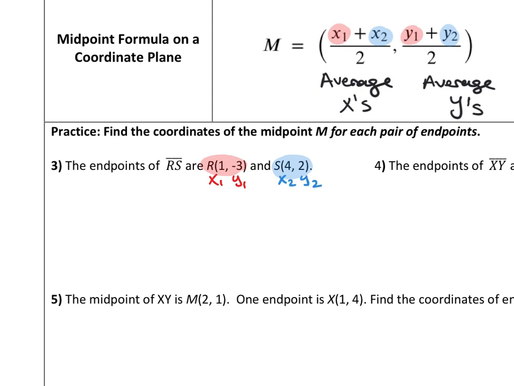So if I wanted to find the midpoint, I just need to average my stuff together, meaning the midpoint is going to be equal to x1, which is 1, plus x2, which is 4, all divided by 2, an average, comma, y1 plus y2, all divided by 2.